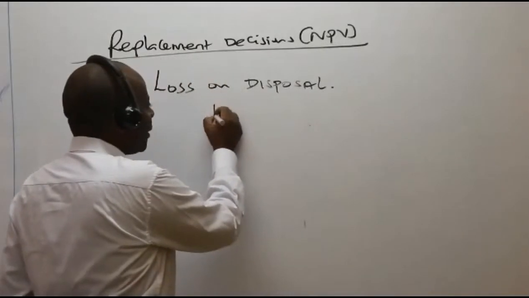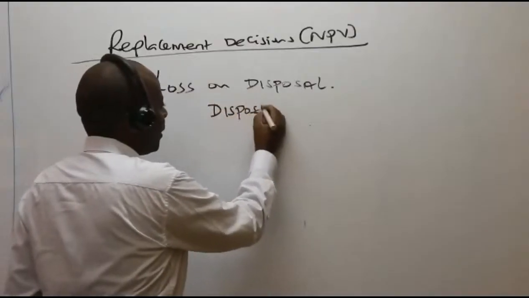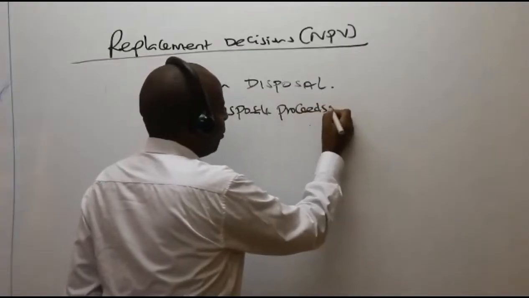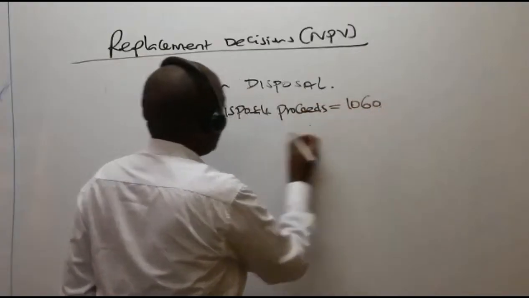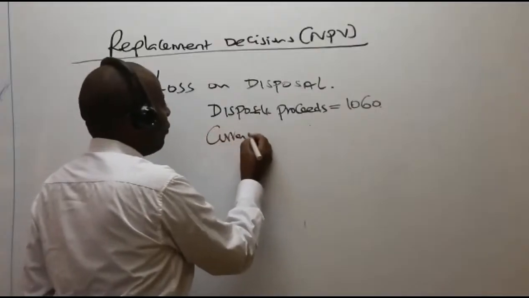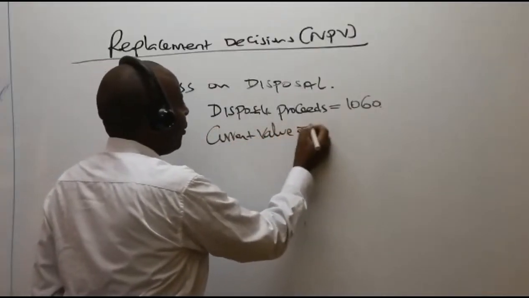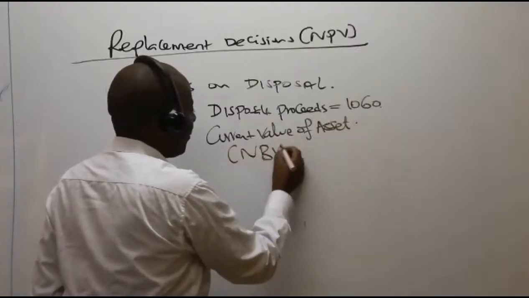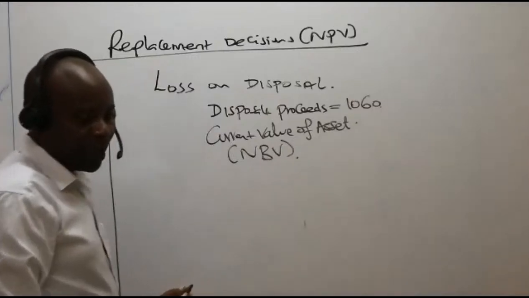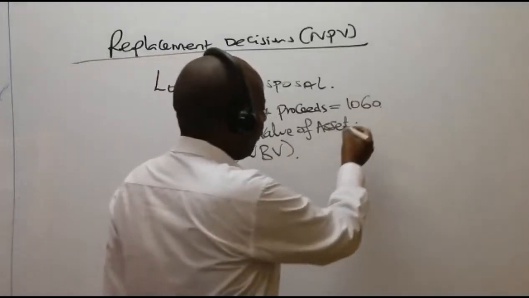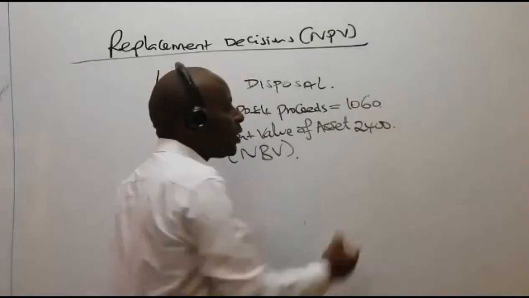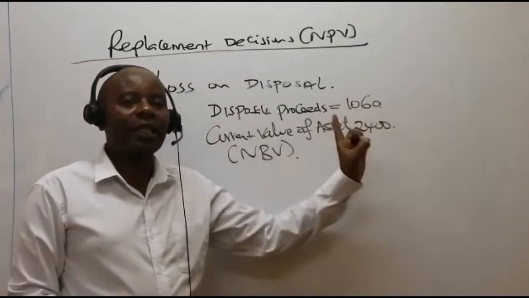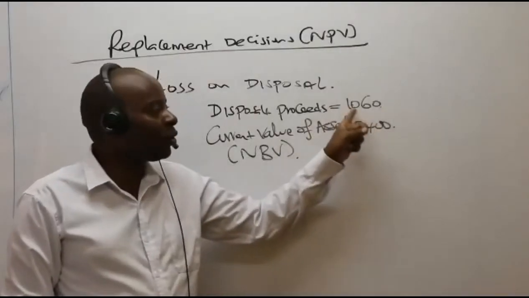We compare the disposal proceeds of 1060, and then now we look at the current value of the asset, as measured by the net book value. So the net book value here, you guys gave me a figure of 2,400. You can see that an asset that is worth 2,400, we are selling it for a smaller amount of 1060.